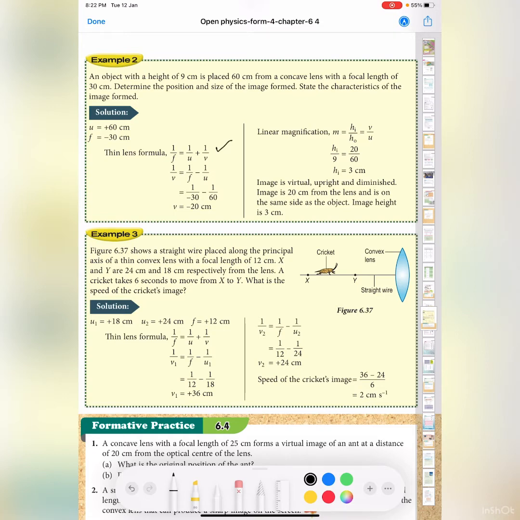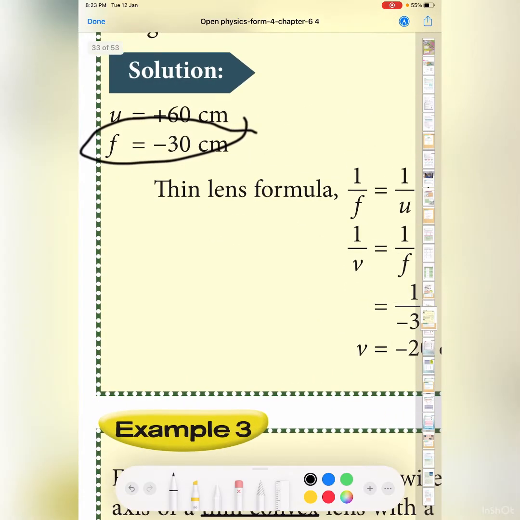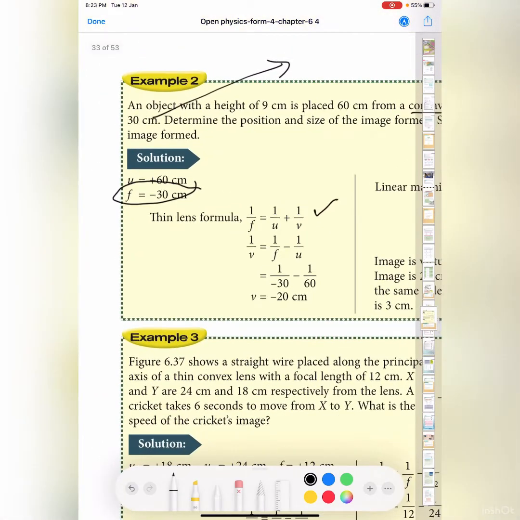But the question didn't ask for the focal length. You were already given the focal length of the concave lens, which is 30 cm. As you can see in the solution, f is given as negative 30, even though the question didn't put any sign on the 30 cm.